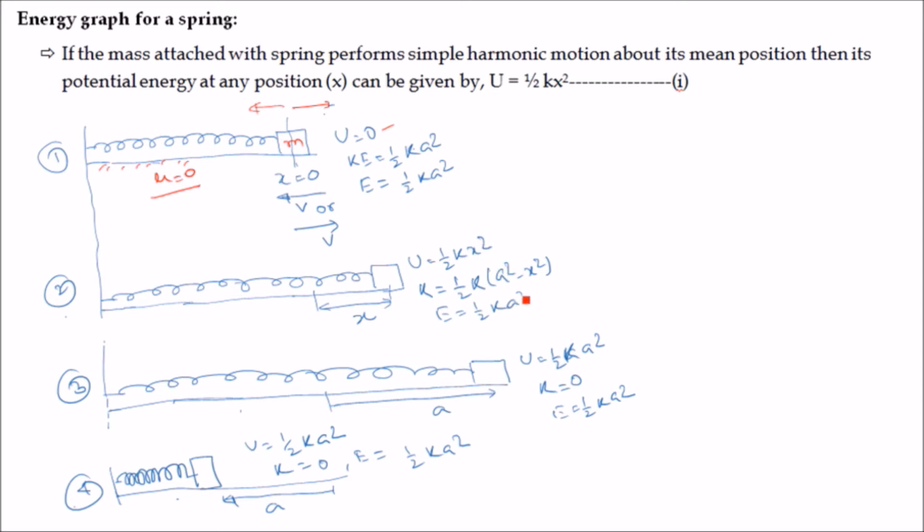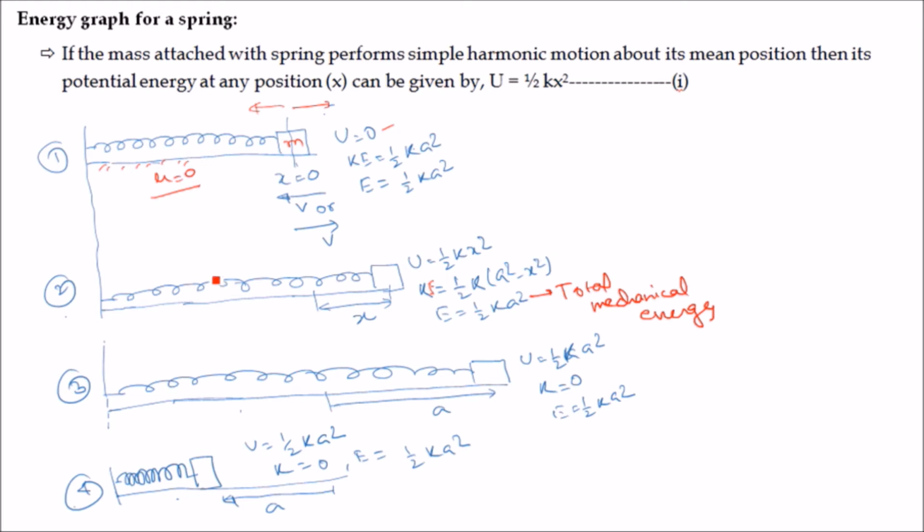The total energy is equal to half ka square, so the kinetic energy is equal to 1 by 2 k (a square minus x square). We have to consider only mechanical energy. So total mechanical energy is equal to half ka square, and as the potential energy is equal to half kx square, the kinetic energy is equal to half k (a square minus x square).